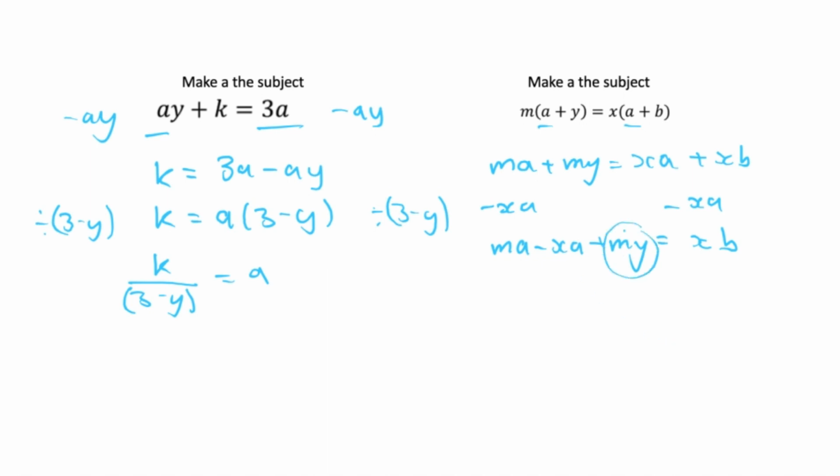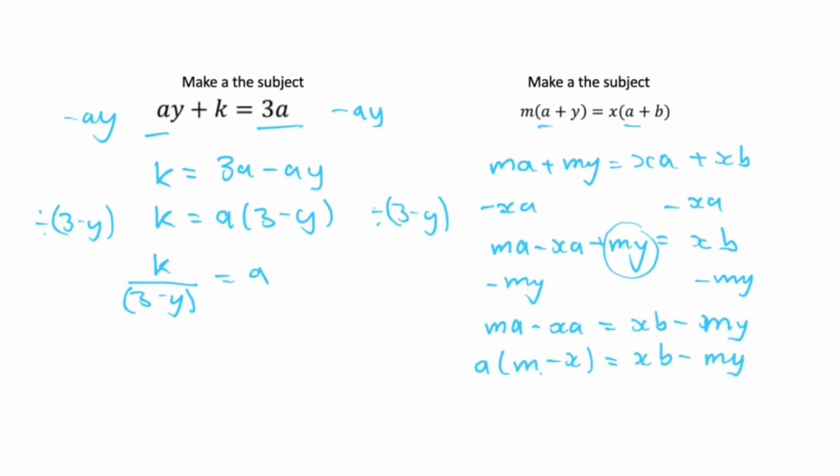We still have this my lying there, and we want to remove it to factorize this. So we subtract my from both sides of the equation. So you're left with ma minus xa equals xb minus my. And then you factorize. So a times m minus x equals xb minus my.